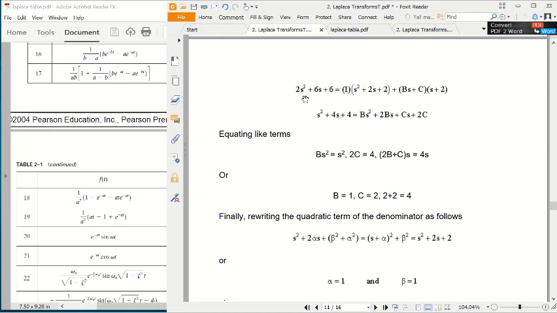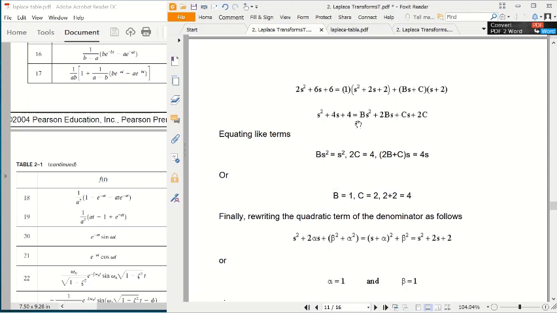So after you equate this, you collect the terms: the power of s squared, power of s, and independent of s. Then you equate the multipliers of the same power. For example, in this case, you have Bs squared equal to s squared, so you know that B equal to 1.